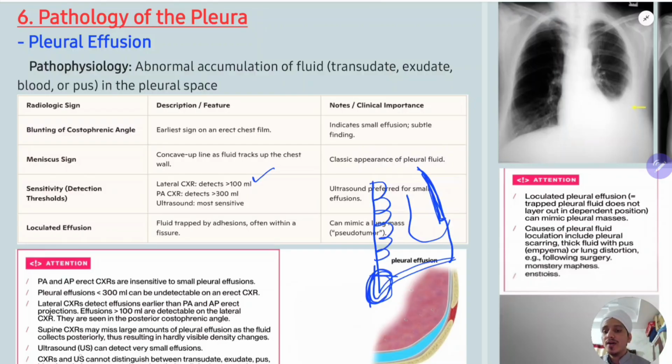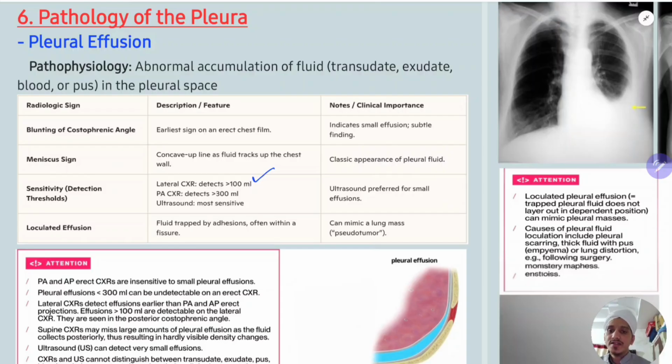At least 100 ml of fluid is required to see blunting of this costophrenic recess in a lateral chest X-ray. And in a PA chest X-ray, at least 300 ml of fluid is required to see pleural effusion. Ultrasound is the most sensitive investigation modality, where you can see small effusions of even 50 ml.